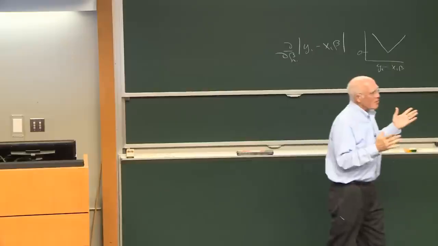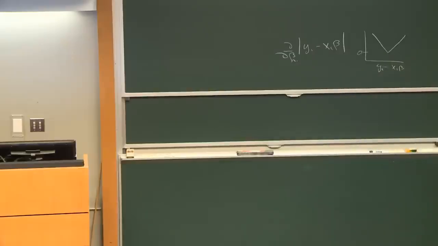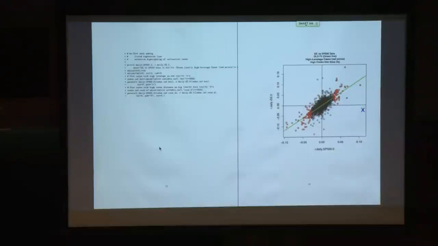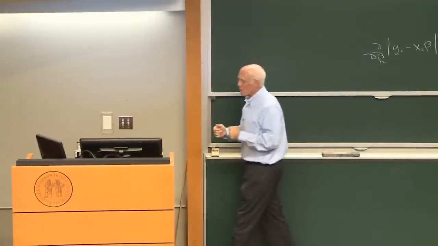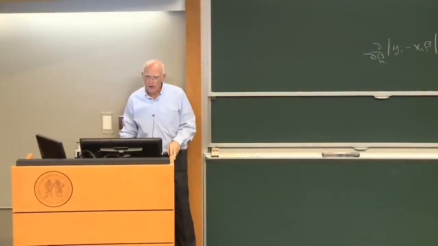Now, if you look at the definition of leverage in a simple linear model, it's very simple: those observations that are very far from the mean have large leverage. You can confirm that with your answers to the problem set.